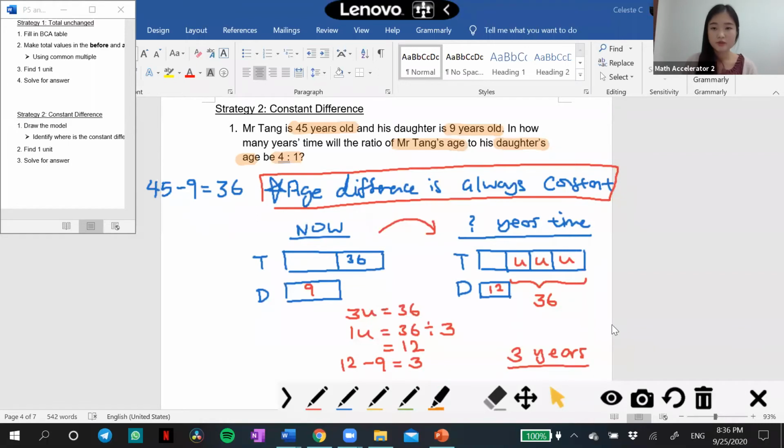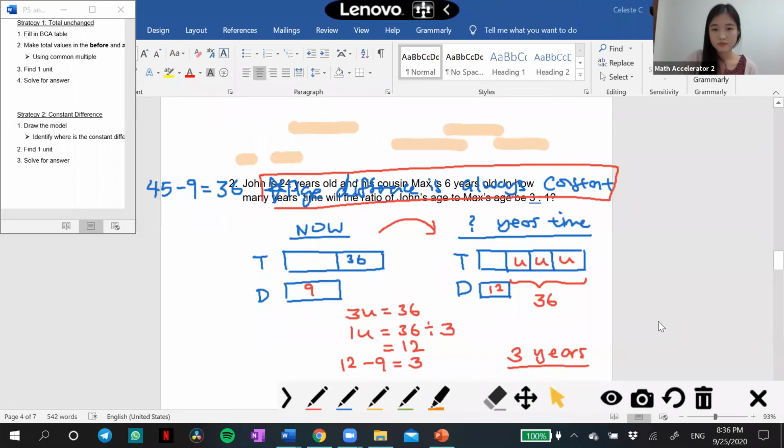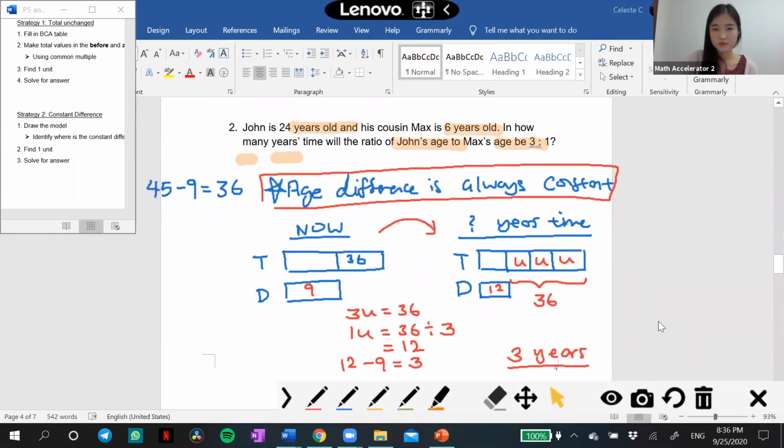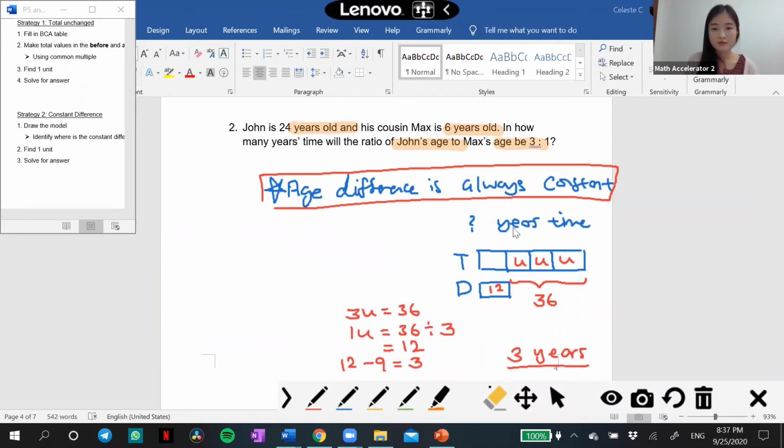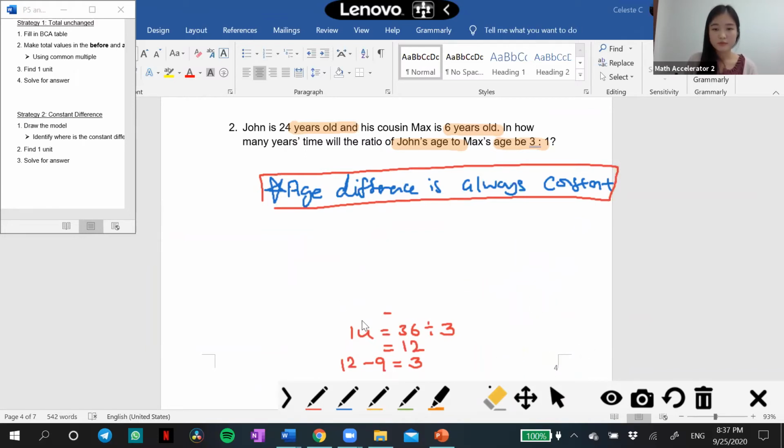Right, let's try another one. Question 2. Right, so you have another age question.